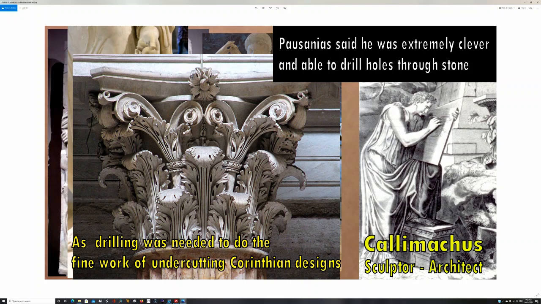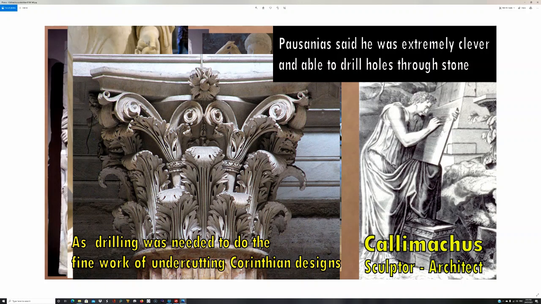Drilling is, if not absolutely necessary, not only a massive time saver, it just makes it that much better. You can spend weeks and weeks, months creating a capital like this, and then with one slip of a chisel, it can just be ruined. So drilling is also a much better way to do it because it reduces the amount of mistakes.